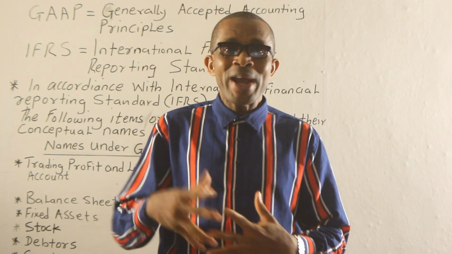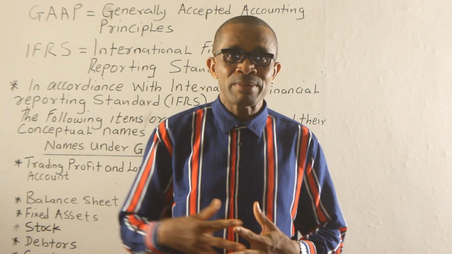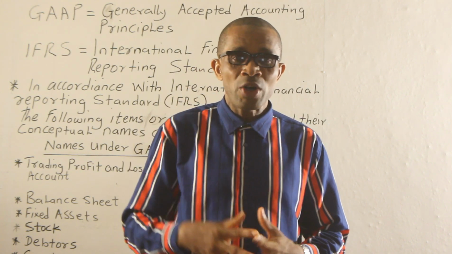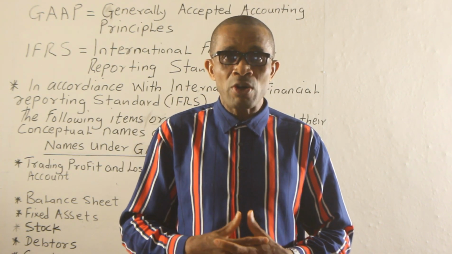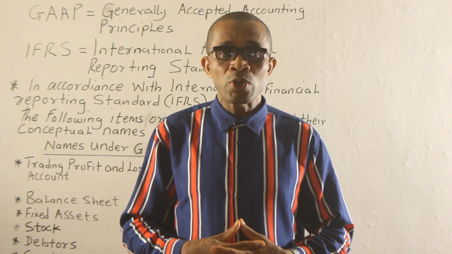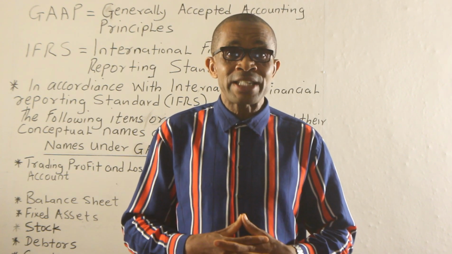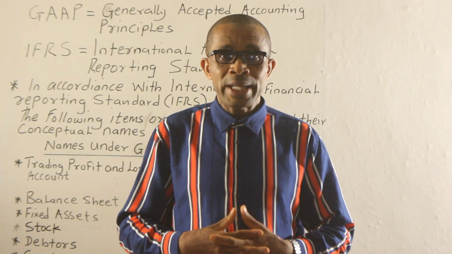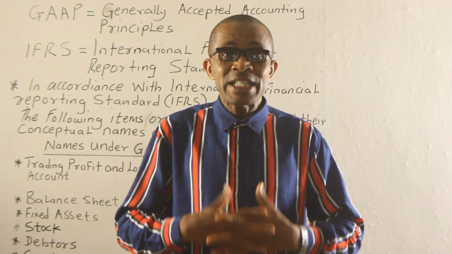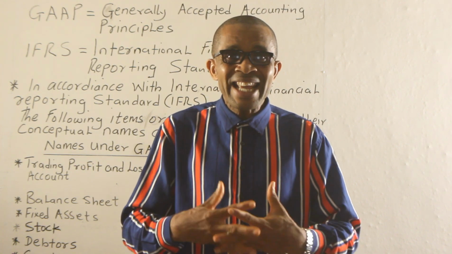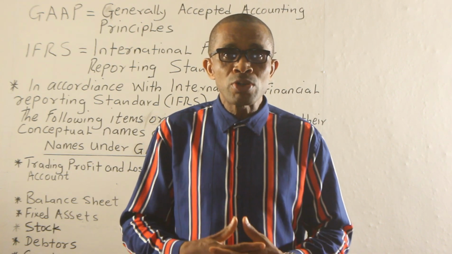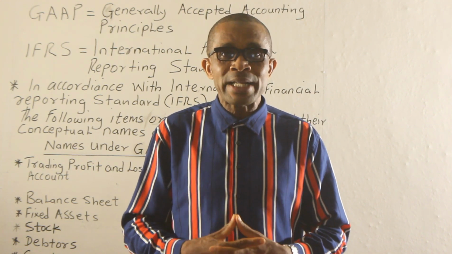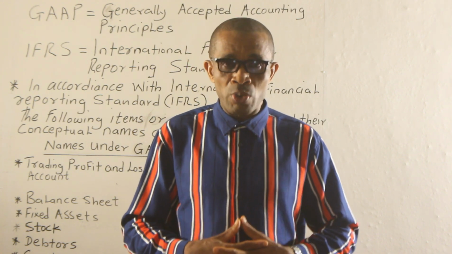That means the way they are keeping accounting records in America should be the same way they are keeping it in Nigeria or in Britain or in UK or any other parts of the world that conforms with the rules of international financial standards. Just as the lawyers have their law book, International Financial Reporting Standard is a form of law book that sets common rules. And these common rules ensure that financial statements are consistent, transparent, and comparable around the world.